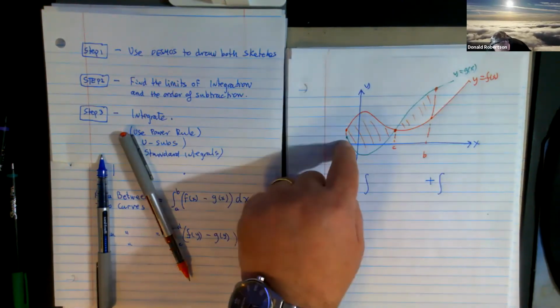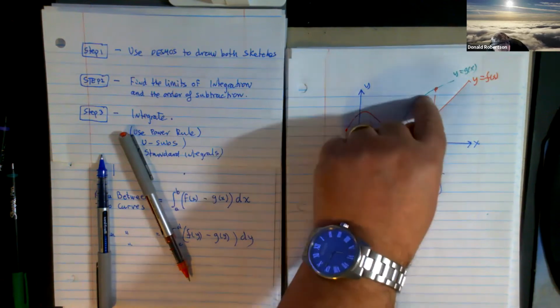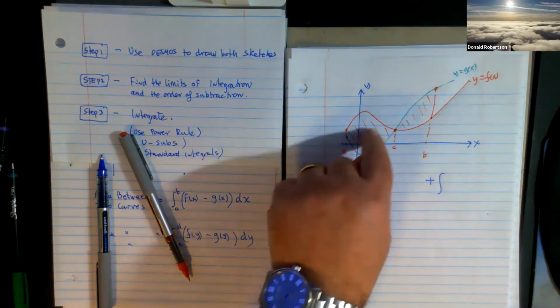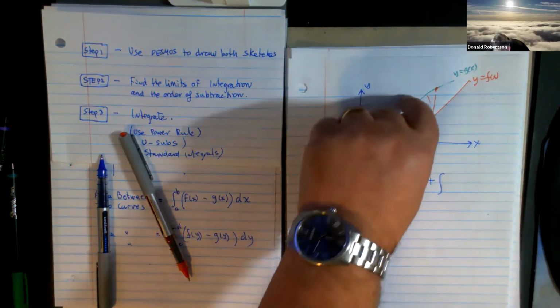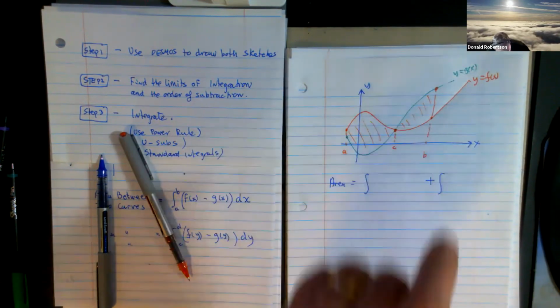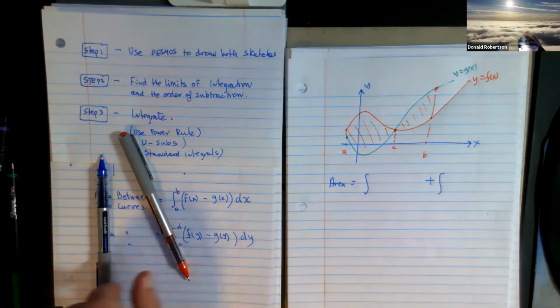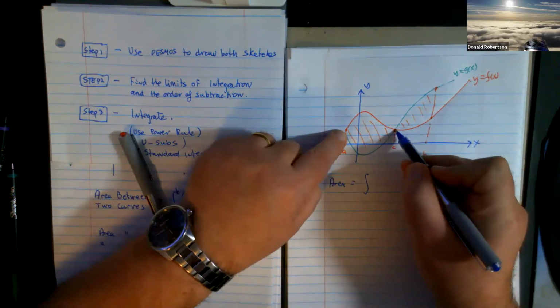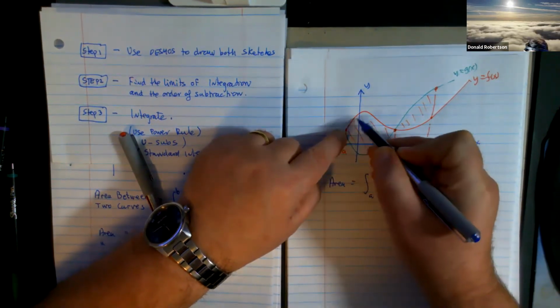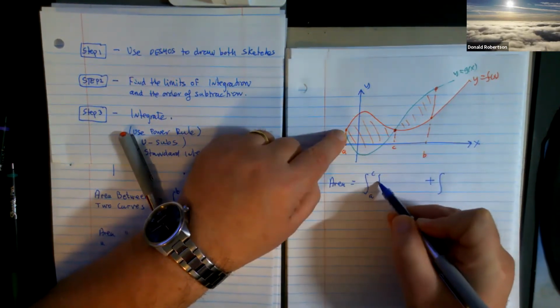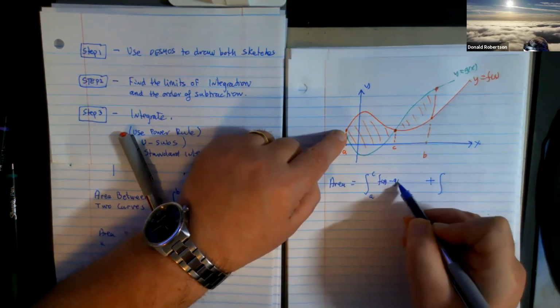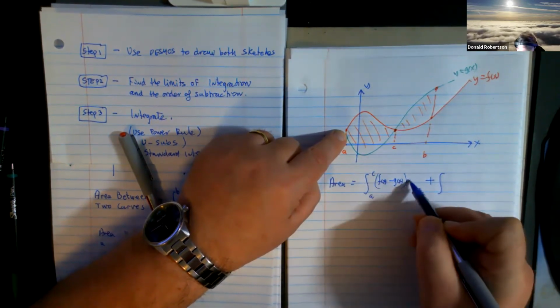Right, so you get a crossover question. You're trying to find this area, and because they change who's on top and who's on bottom, that's what I mean by crossover, you split it into two pieces. From here to here, from A to C, the red guy's on top, and the green one is on bottom. So that'll be the order.